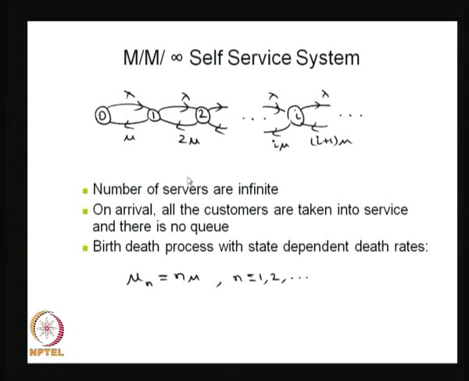All the servers are identical. The number of servers is infinite here. Therefore, the underlying stochastic process for the system size is a birth-death process with birth rates lambda, because the population is from an infinite source. The death rates are 1 mu, 2 mu and so on, because the number of servers is infinite.